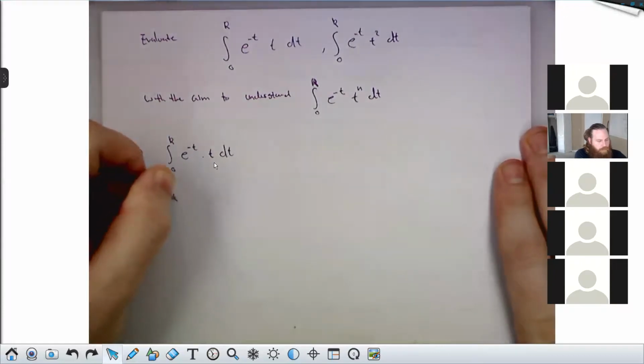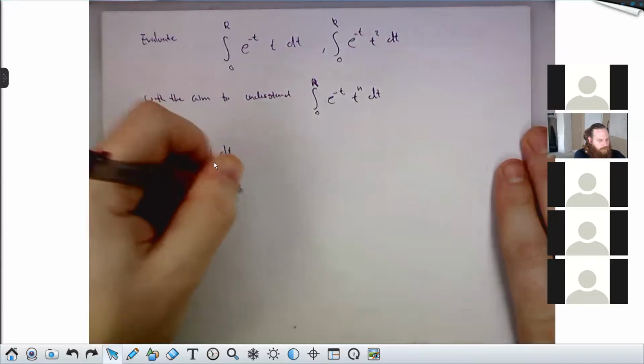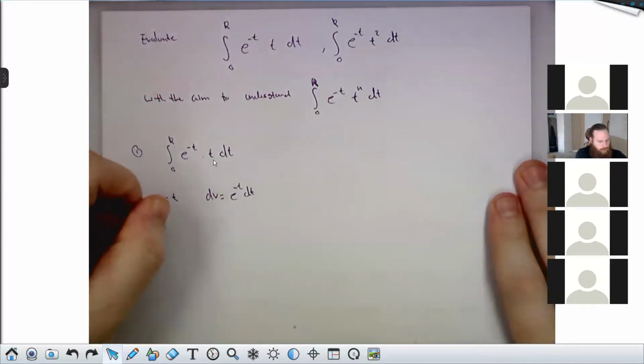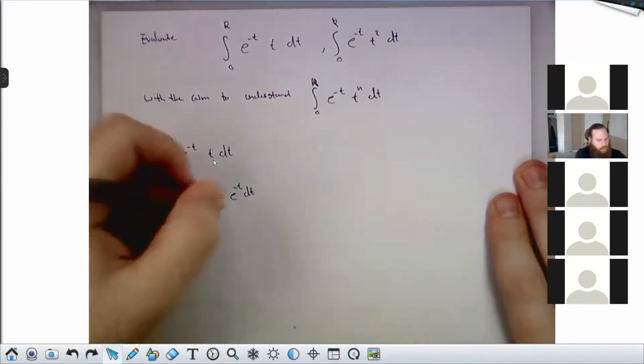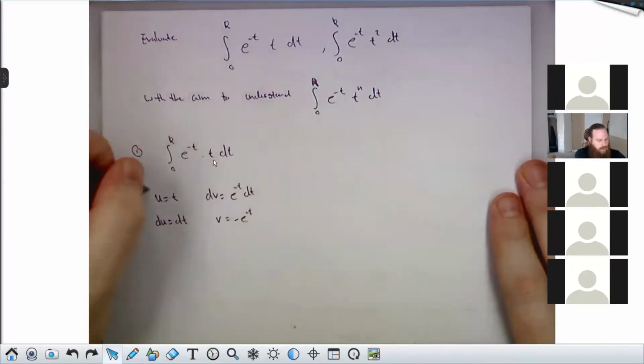So really I want to pick u to be t and dv to be the exponential, e to the negative t dt. If we ran it the other way with t dt as dv, then the power of t would go up, which is going to make the problem harder. So my goal is to knock that power down. du will be dt and v will be negative e to the negative t.